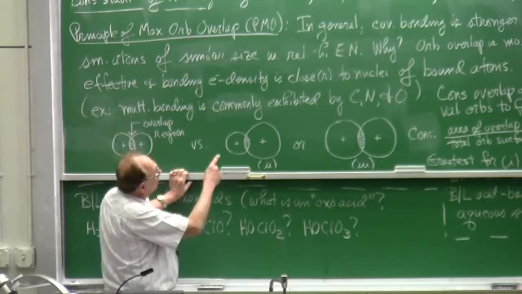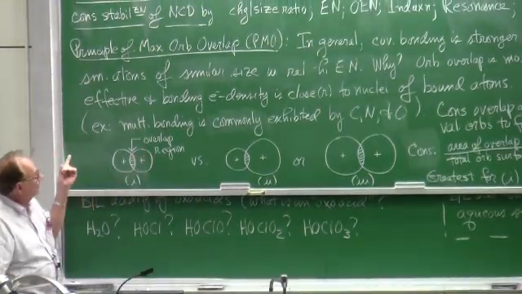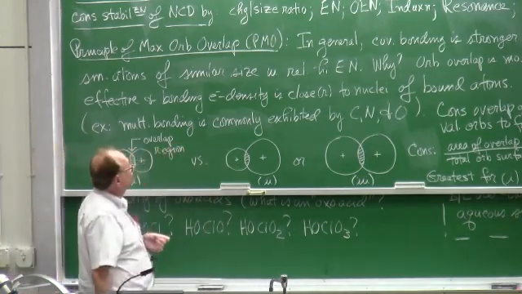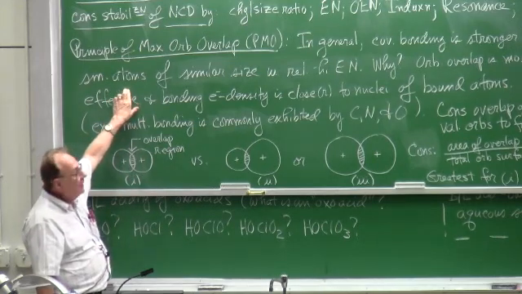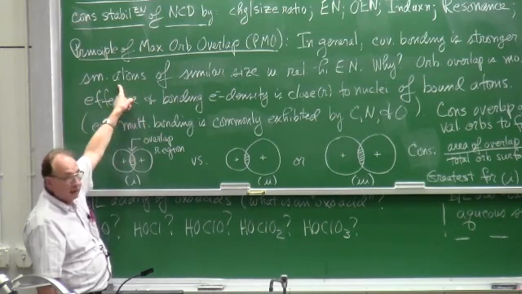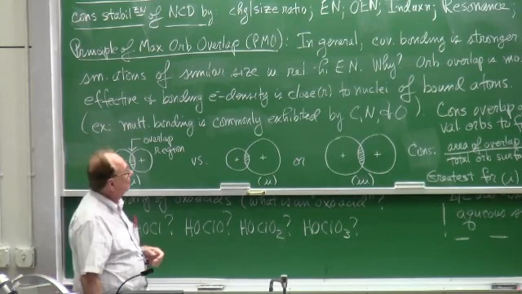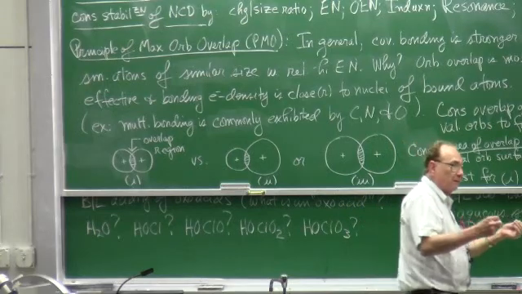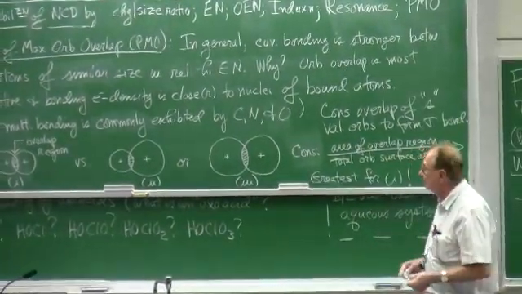Now, notice what we've written here. Orbital overlap is most effective, and bonding electron density is closer to the nuclei of bound atoms, when the covalent bond formation interaction is between small atoms of similar size rather than a small atom with a large atom, or large atoms with each other, even though the large atoms may be of similar size.